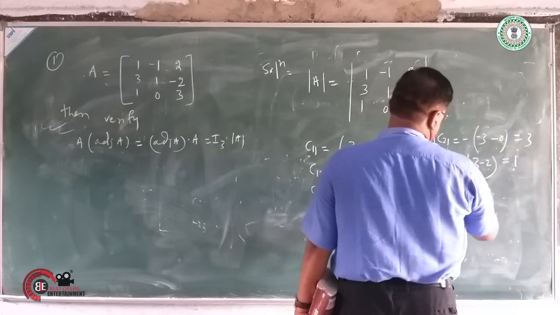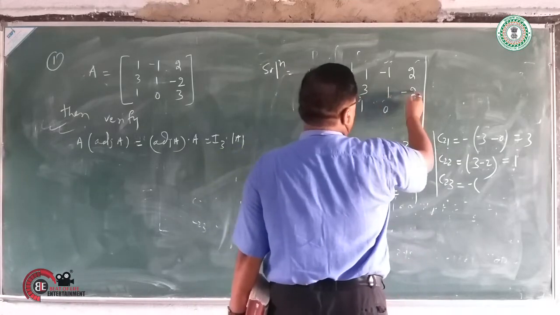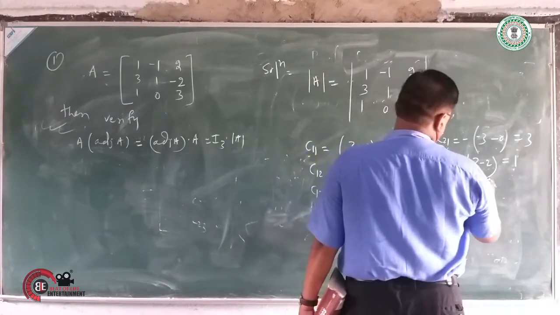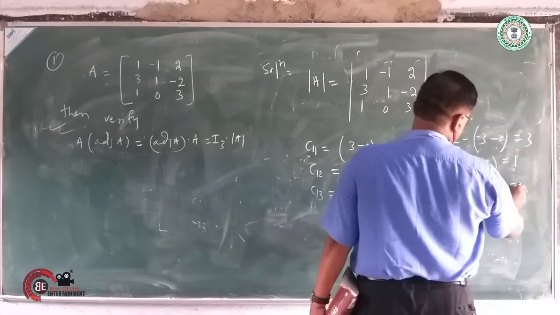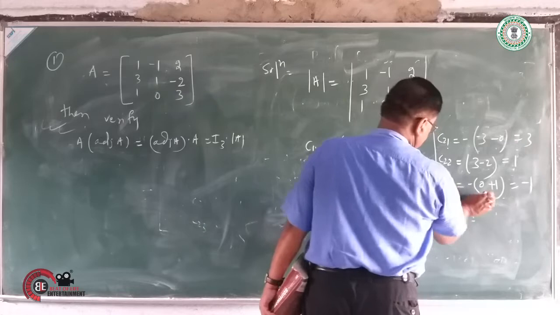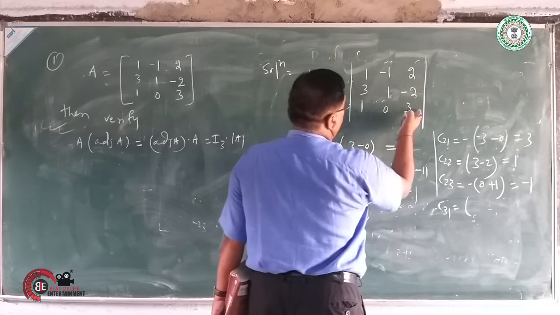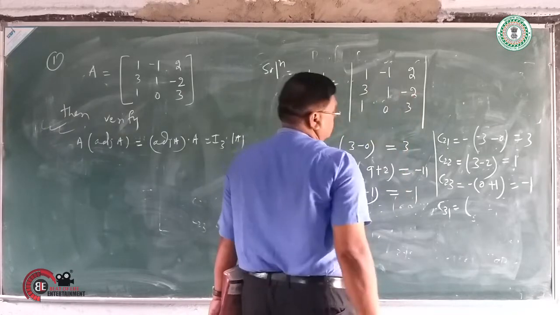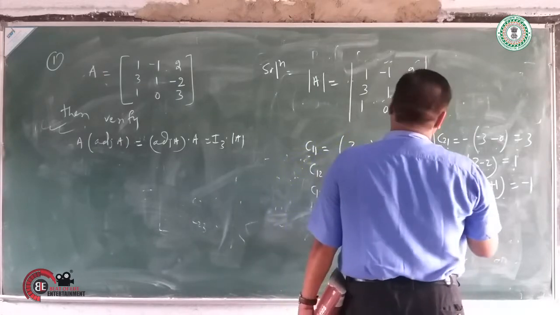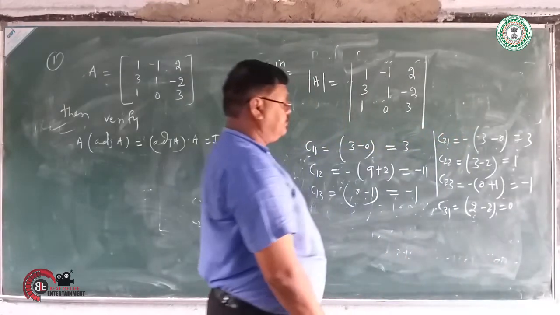C23: the sign is minus, 1 minus 2 plus 1, so minus 1 is the cofactor. Now find C31: cancelling this row and column, 2 and minus 2, 0.